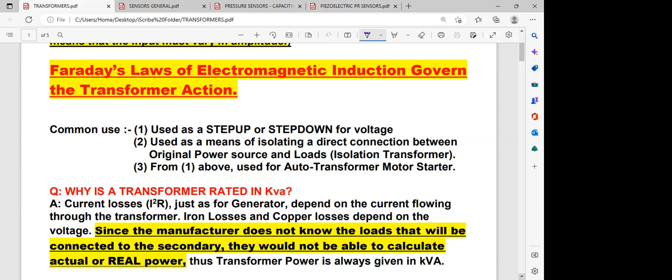Number two, it is used as a means of isolating a direct connection between power source and loads. Isolation transformers. We electrical officers are quite used to this. Suppose your washing machine has an earthing problem and you just cannot remove it because it has gone deep into the electronics of that circuit.